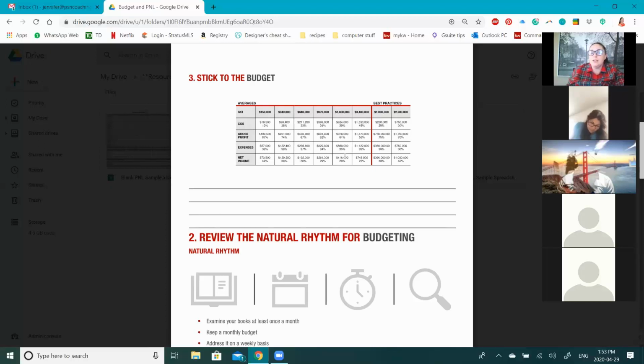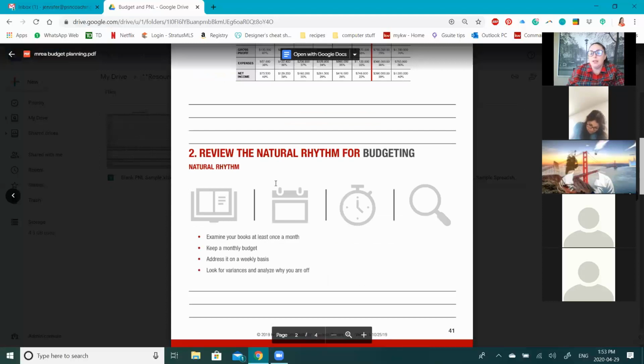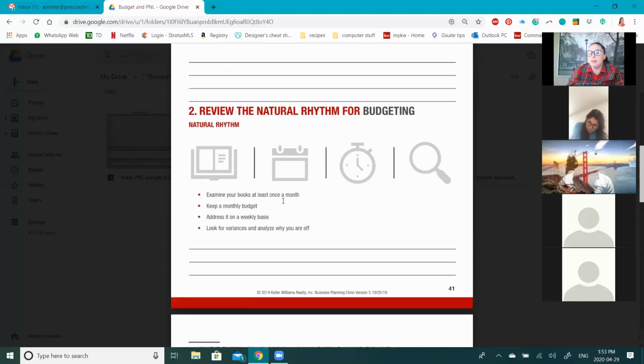And then obviously, guys, review the natural rhythm for budgeting. Examine your books at least once a month. Keep a monthly budget. Address it on a weekly basis. Look at your business and look for variances. Why are you off? What caused you to go off? Maybe you got a really big listing that was like $1 million, so your cost of sale went up because you spent more on your virtual tour, you did a drone video or something like that.